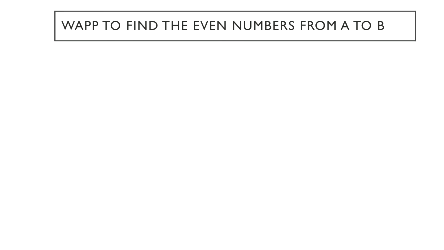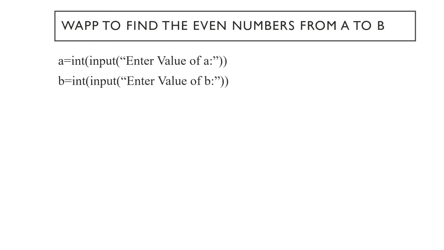First, we need to take input for A and B. So first I have taken the input of A, enter value of A. Same way I need to take the input for B, because the user will give the values for A and B.